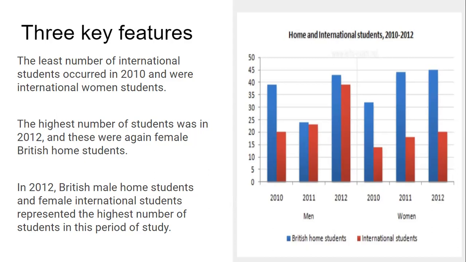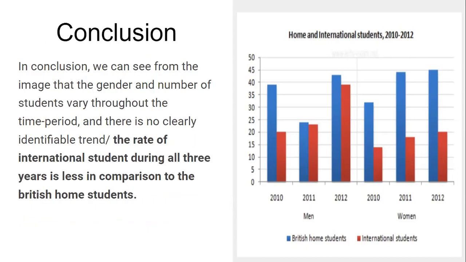Now, the third important thing that we need to see here is the conclusion. Now, what do you conclude from the entire figure? See, what I conclude is that all the blues, they're always the highest, that is British home students. And all the reds, that is international students, they're always at a low. Or if you compare both of them, the British home students is higher in comparison to the international students.